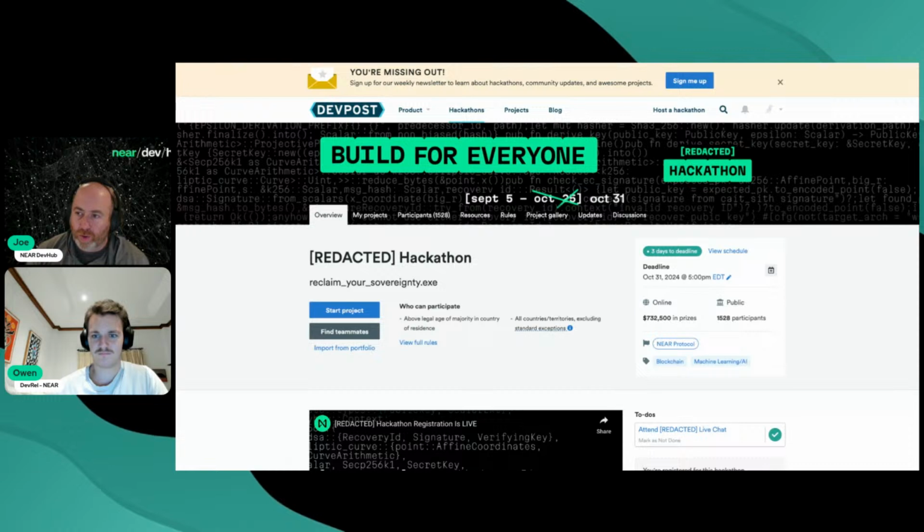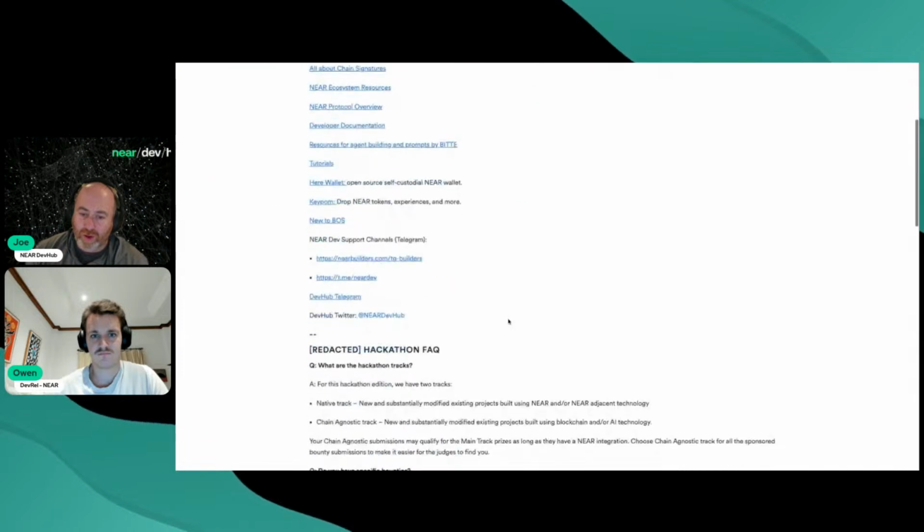It's a great way to get involved and learn more about the Near community. There will be support all the way up until the deadline and beyond through our different support channels, and all of those are listed here as well. Off of DevPost, if you go to resources, everything is right there for you. Come say hi in the different Telegram groups and start building.